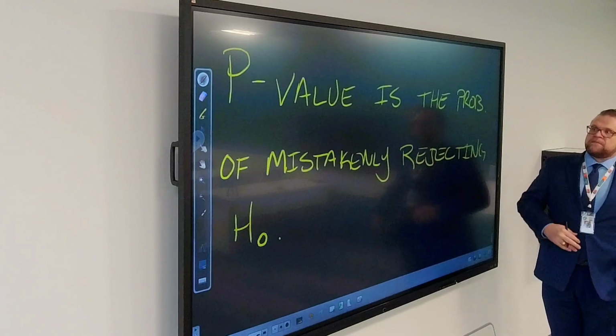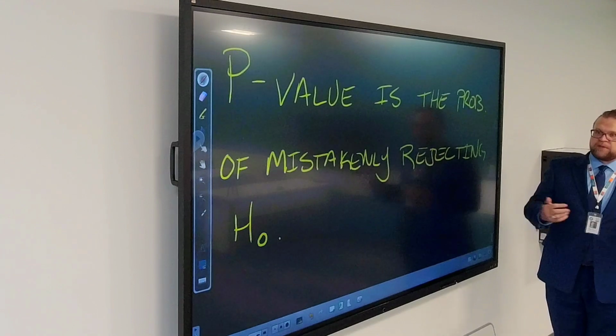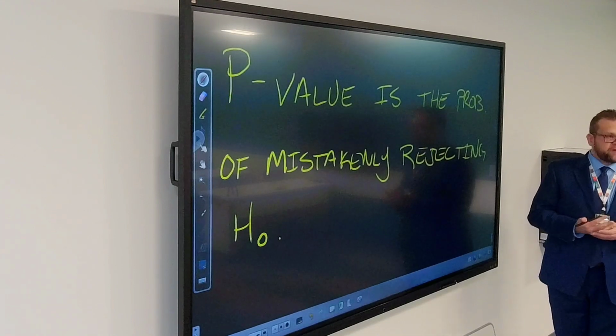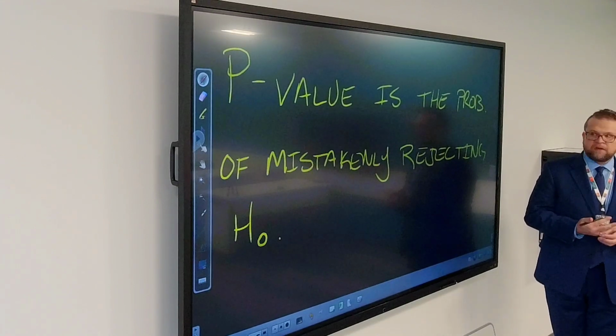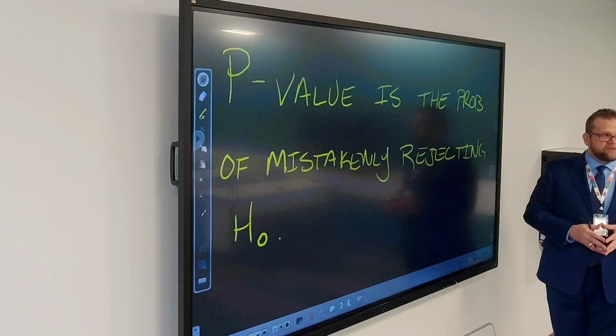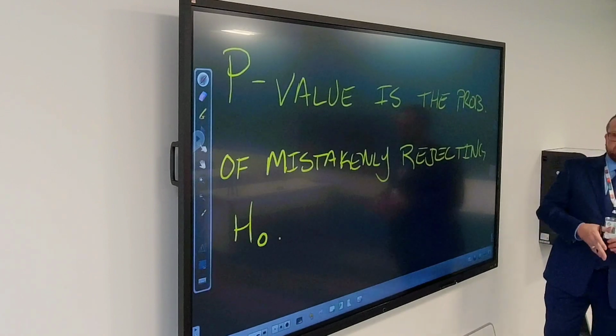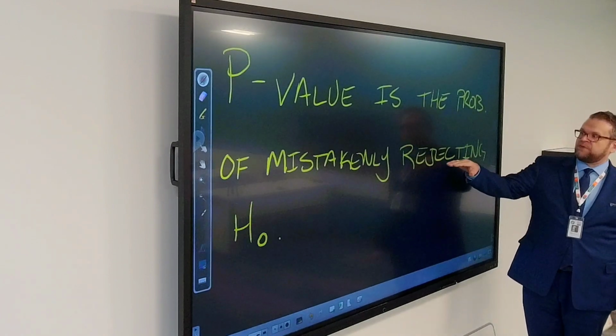Because, you know, their initial hypothesis would be something like the medication is effective, the treatment is effective, and the p-value for our study was 0.003. That's a really low chance of that.